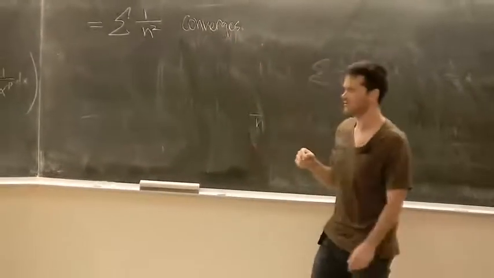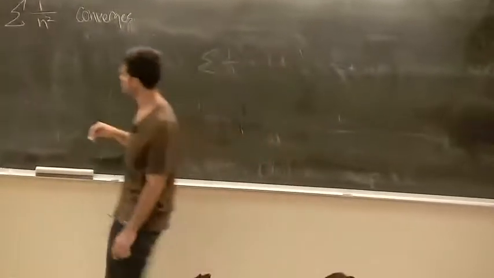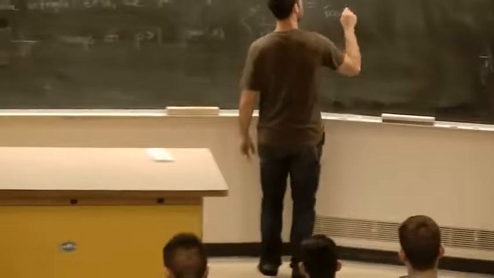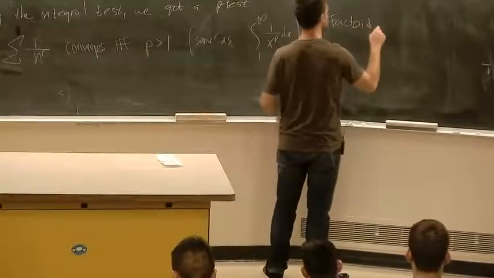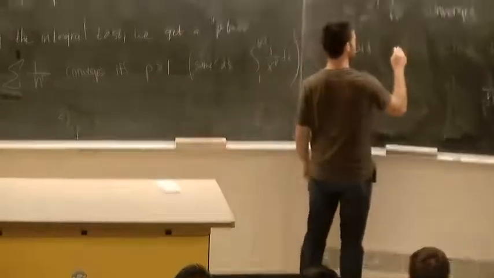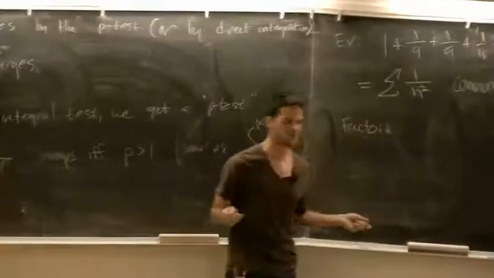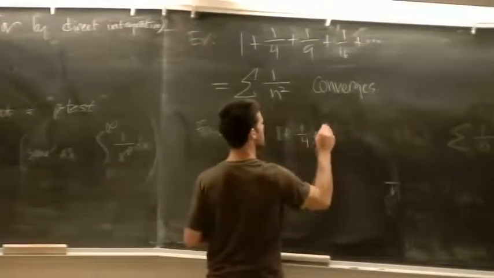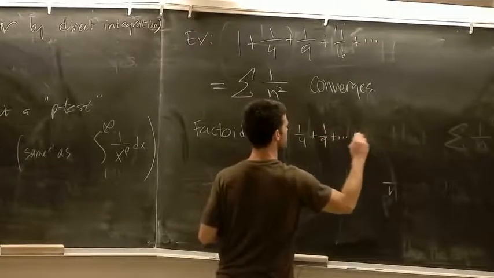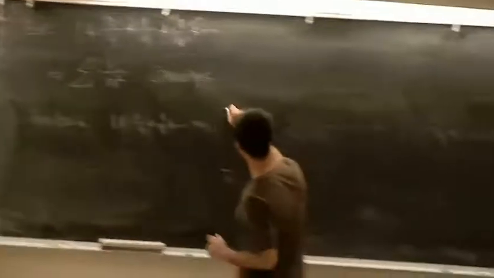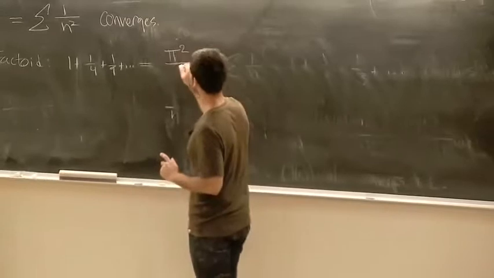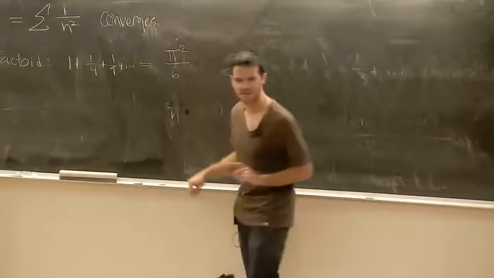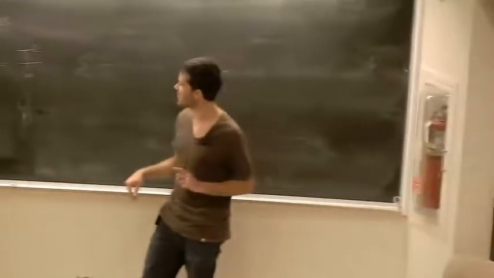And just a kind of interesting factoid. This is a well-known series, and we know what it converges to. 1 plus 1 quarter plus 1 ninth, and so forth. You add up all the inverse squares, you get pi squared over 6. Yeah, trip on that, right?